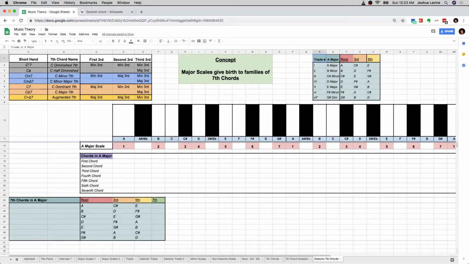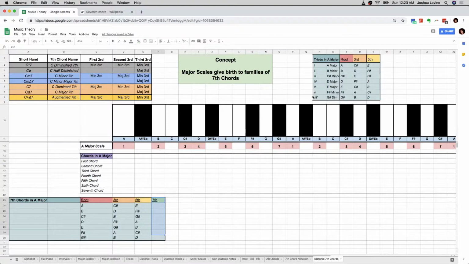And I have the same exact table that I just showed you in the diatonic triads sheet, but I've given it a little bit of a facelift because I've started color coding things. That's what I'm talking about. So I've got a table in here for the 7th chords in A major, and I want to fill this out so that it looks just like this one, but with the additional column of 7th right here.